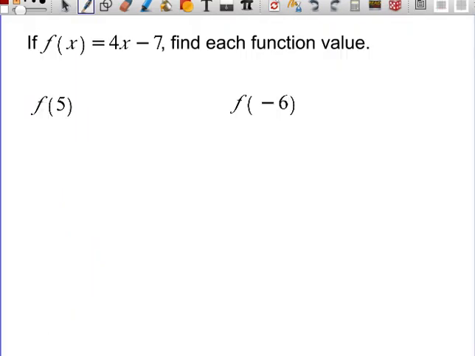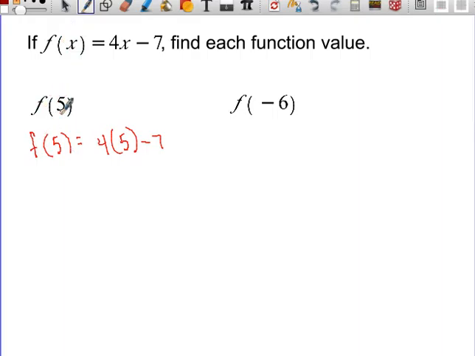In your homework today, you'll be given a function in the instructions for one section. The instructions will say the function of x, or f of x, equals 4x minus 7, and then find each function value. So if f of x is 4x minus 7, what do I need to do with f of 5? Just plug in 5 for x. Okay, so f of 5 equals 4 times 5 minus 7.